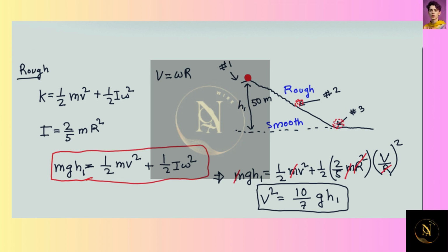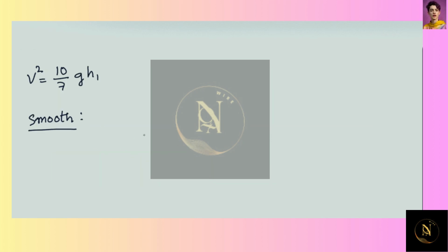At point number 2, we'll have mgh2 as the potential, plus the kinetic part, which is half mv squared plus K rotational.